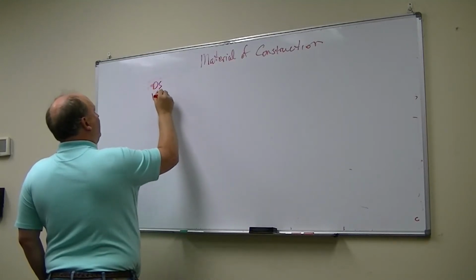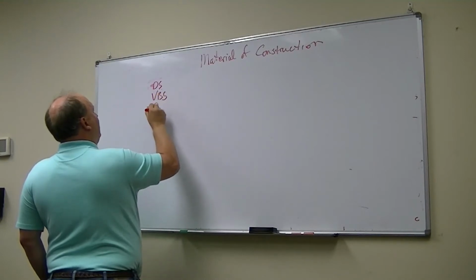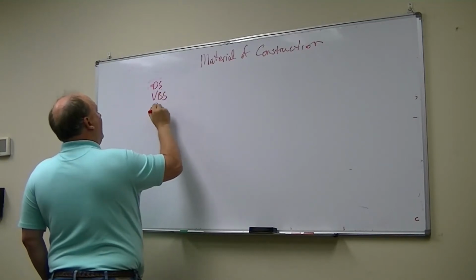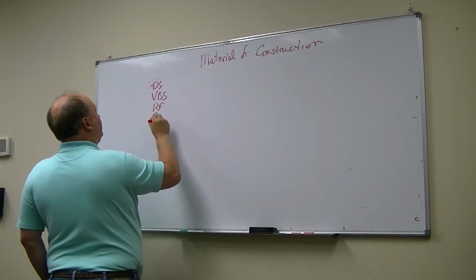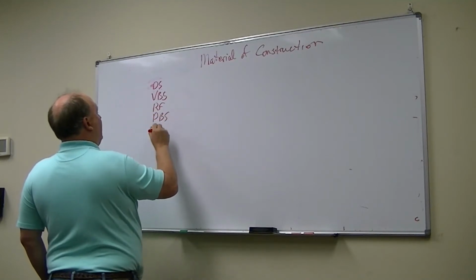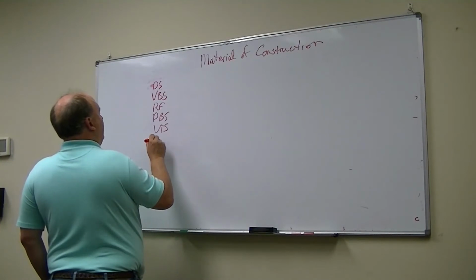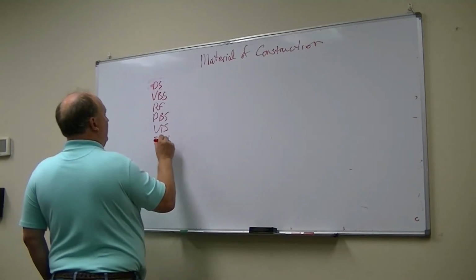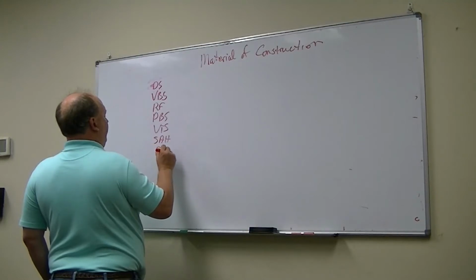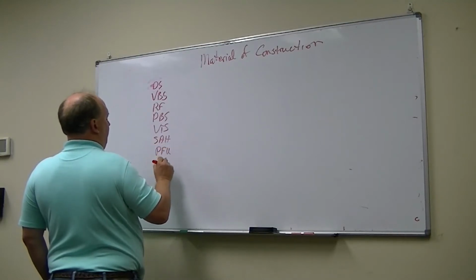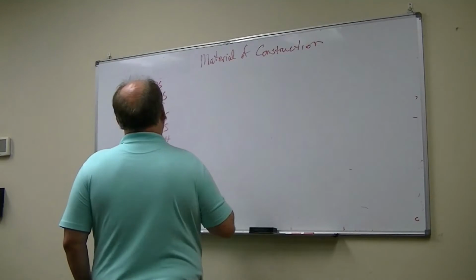DS, VBS, PBS, oh no, radio flow, PBS, VTS, SAH, EFU, and then DC. Okay. All right.